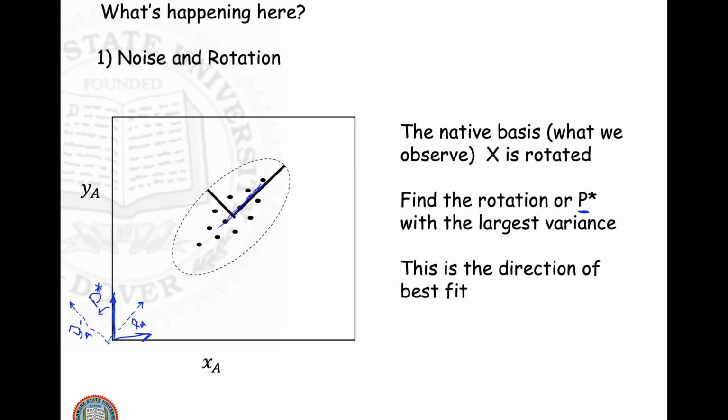And we can see here the direction of largest variance is at this 45-degree angle drawn in this figure. And so the idea is determining what type of rotation for this linear transformation P, this change of basis, gives us the direction of best fit to the direction of greatest variance, which is the direction associated with the dynamics of interest. And as such, this YA direction is then the direction associated with the noise.